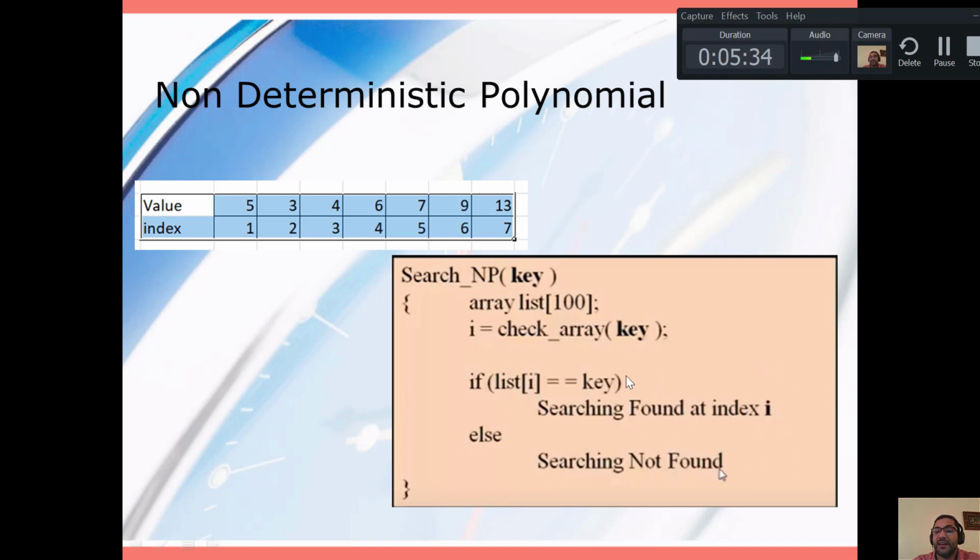If the key is not equal, or there is no matching, then I don't find it.